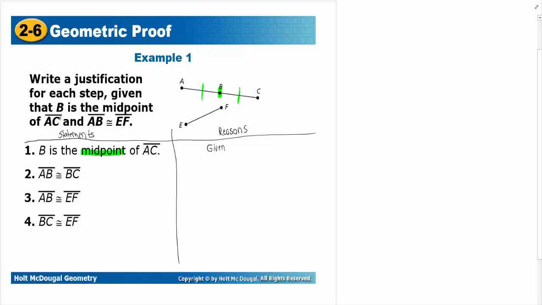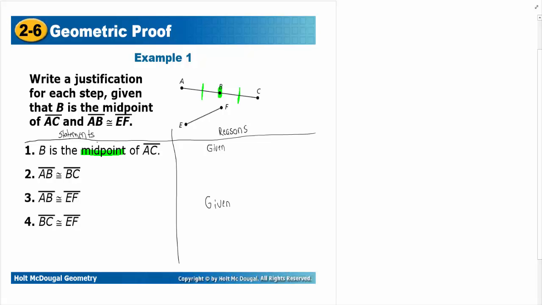So given that B is a midpoint of AC and AB is congruent to EF, you'll notice that is down here. That's a given. But going back to what I was saying, if you've said that B is a midpoint of AC, we know that we have two congruent segments, which are AB and BC. So that's what's stated right after this statement.